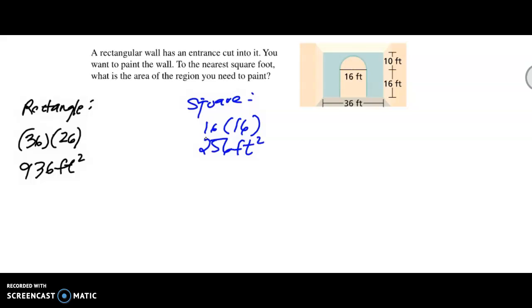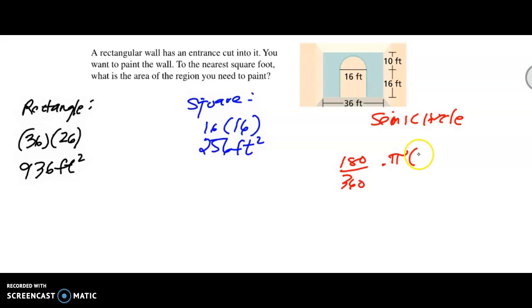Okay, so we've done the rectangle, we've done the square. Now we have to find this sector, which is formed by this semicircle and the diameter over here. So we're going to use the formula for the sector. Since our sector is a semicircle, its central angle is 180 over 360 multiplied by pi.